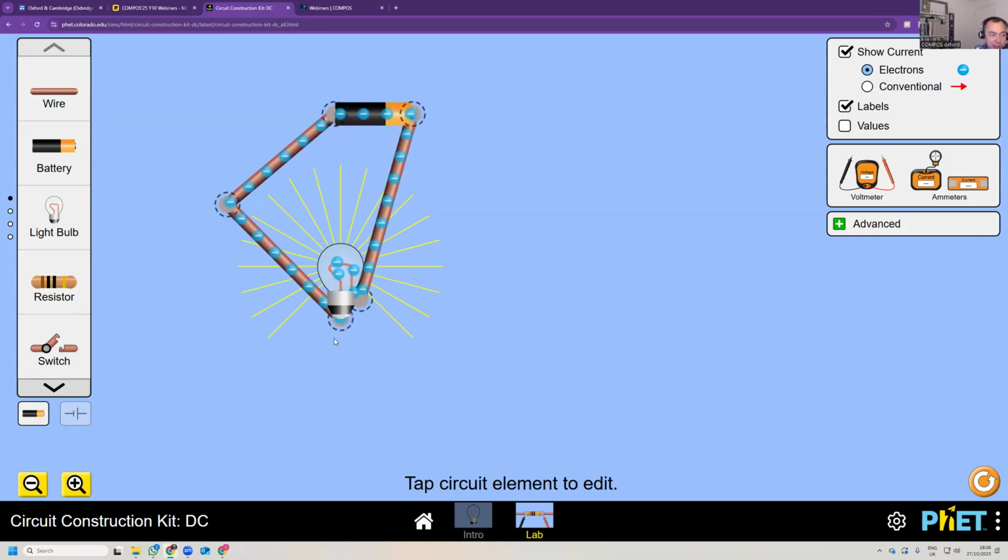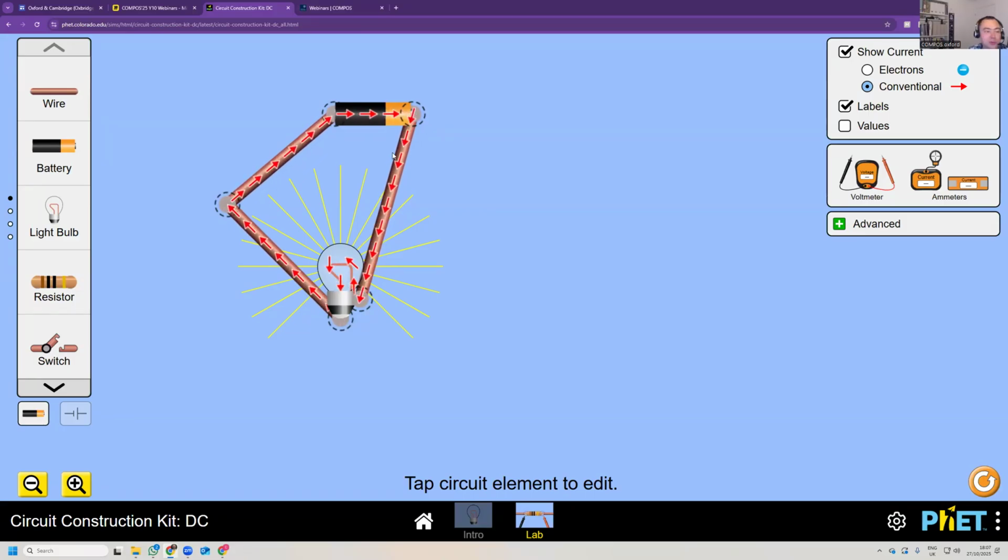So electrons, as you can notice, flow anti-clockwise, but if we switch to current, current flows clockwise from plus to minus. So the yellow on the battery is plus, the black is minus. So this is the direction of the current. The reason why these are opposite is that when the first physicists were doing experiments with electricity, such as Franklin, for example, they didn't know about the existence of electrons.